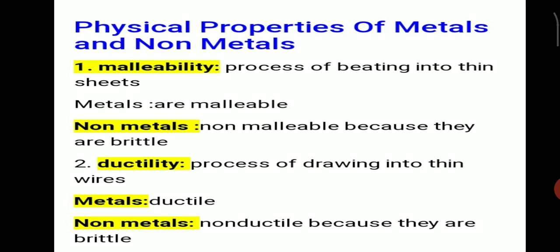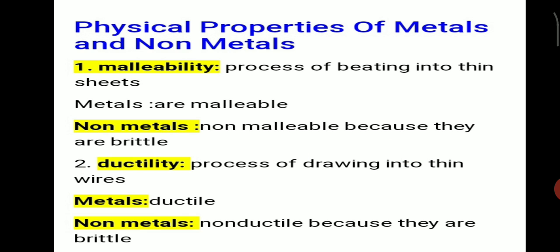When I say malleability, in your mind, it is the process in which we can beat into thin sheets. Already we studied in 9th standard. So malleability is the process of beating into thin sheets. We know that metals are malleable, but non-metals are not malleable, they are brittle.